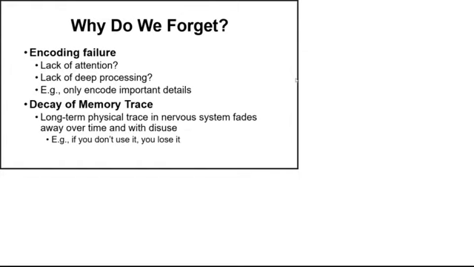Okay, so with this decay of memory trace, this would be the idea that say you meet somebody, they introduce themselves, they give you their name. And then the next day you bump into them again and you have no idea what their name was. You've completely forgotten because at the time you had interacted with them and then it faded away because it wasn't dealt with.